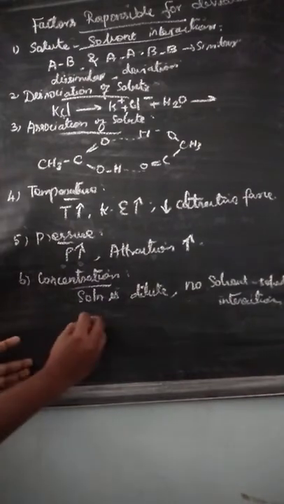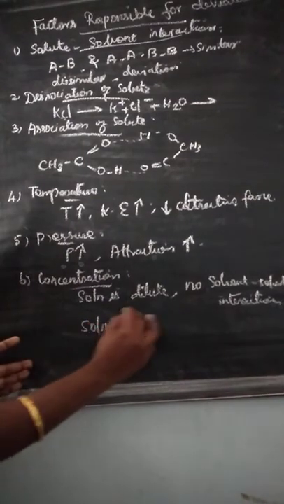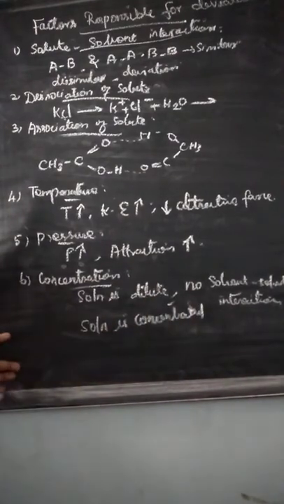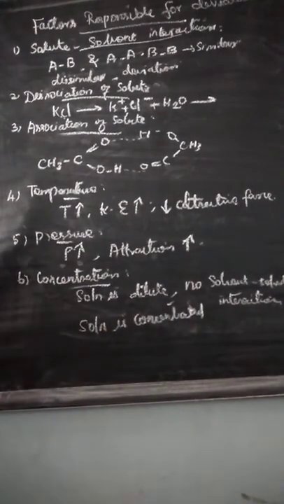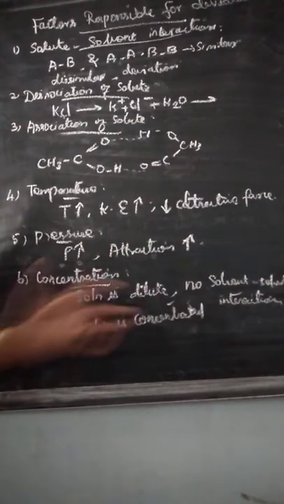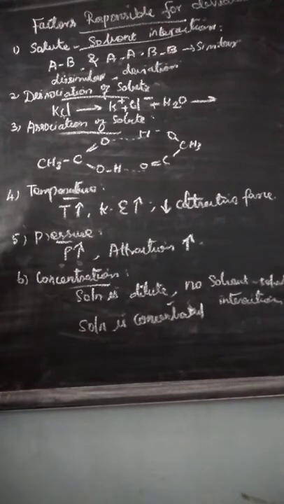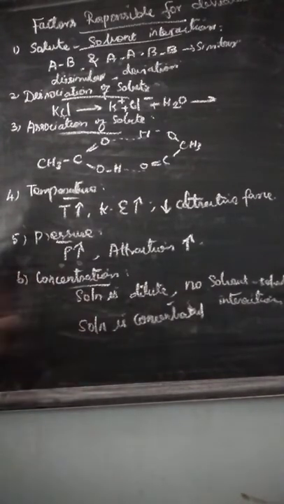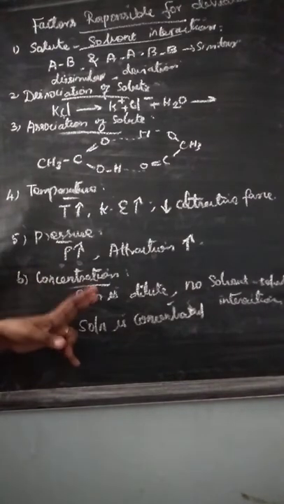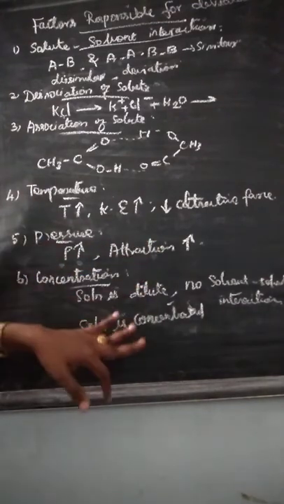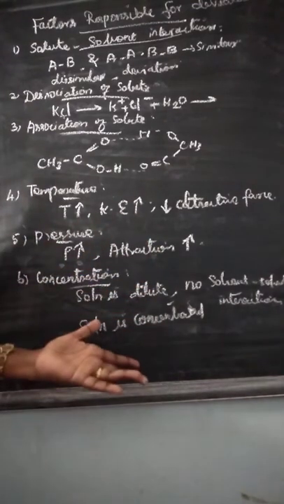Suppose your solution is concentrated by adding solute, then there is a solvent-solute interaction. This also causes the deviation from ideal behavior. Understand? So concentration: if your solution is dilute, there is no interaction. If your solution is concentrated, there is an interaction.